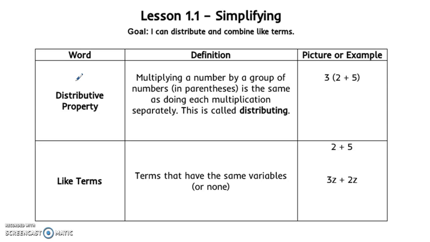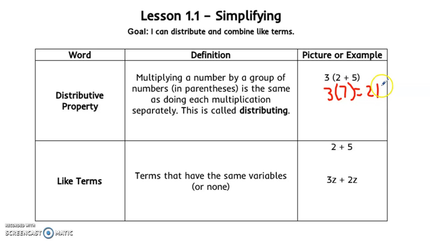Basically it means that I can either add up these numbers inside the parentheses first, which would be 2 plus 5 is 7. Then you would still have this 3 on the outside. So 3 times 7 would equal 21.